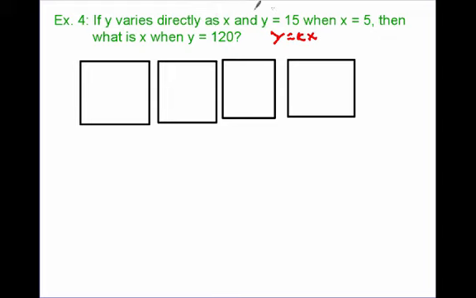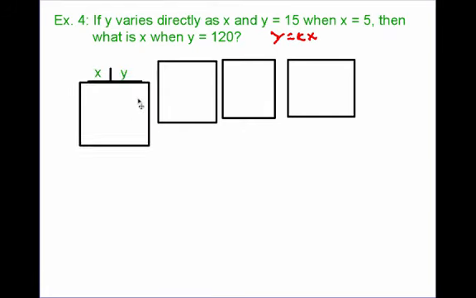And I know one ordered pair, y is 15, x is 5. And I'm asked, what is x when y equals 120? So I'm going to put it into a table, and you always want to put these into a table to be able to work with them. We know when x is 5, y is 15. We know y is 120, but we don't know what x is.